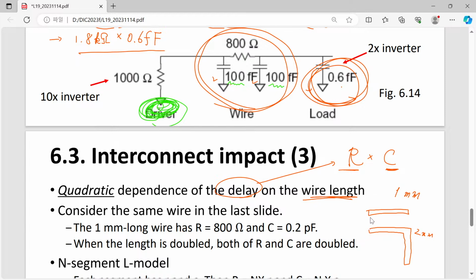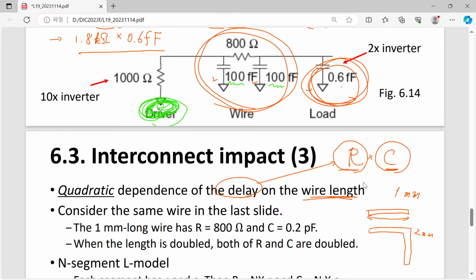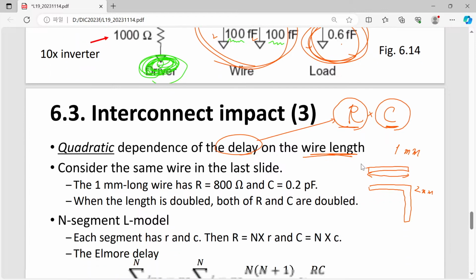If you increase the length, then the resistance is scaled accordingly. Yes, we understand. Also, the capacitance is doubled if we increase the length twice. So the product of R and C becomes not 2 times higher, but 4 times higher. That is the case.